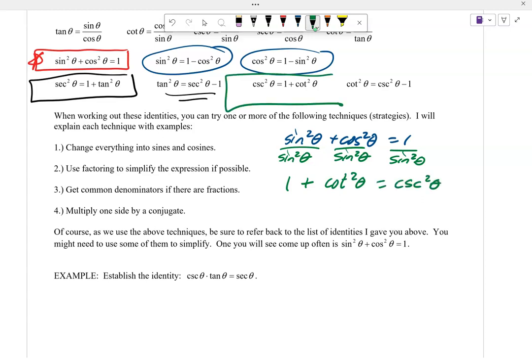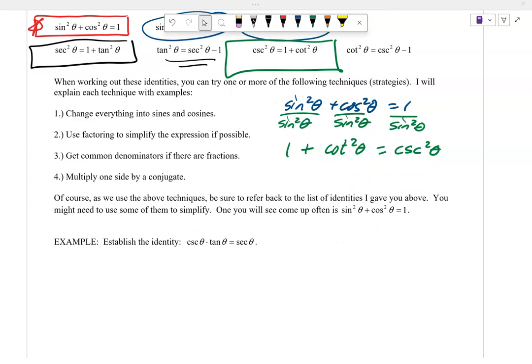So that's that one right there. Okay, so they all stem from that money formula, sine squared plus cosine squared equals 1. So if you can remember that, that'd be great.